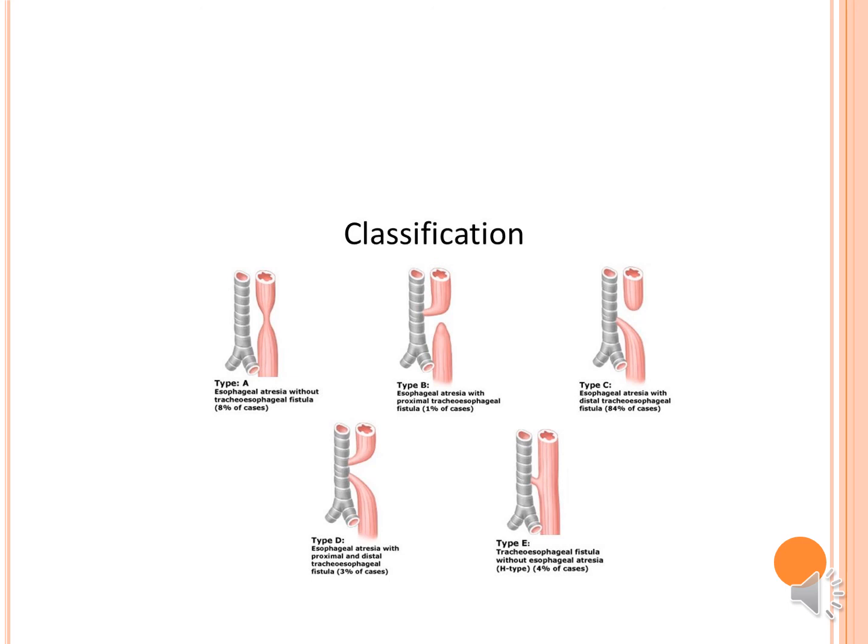This is type C, esophageal atresia with distal tracheoesophageal fistula. Type D, it is an esophageal atresia with proximal and distal tracheoesophageal fistula. And type E, it is a tracheoesophageal fistula without any esophageal atresia.